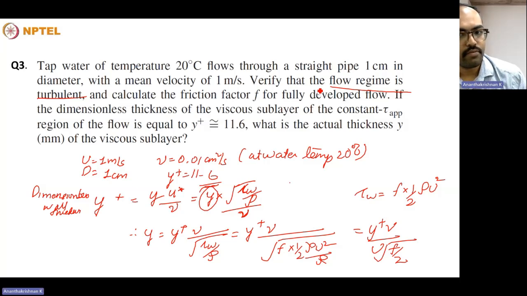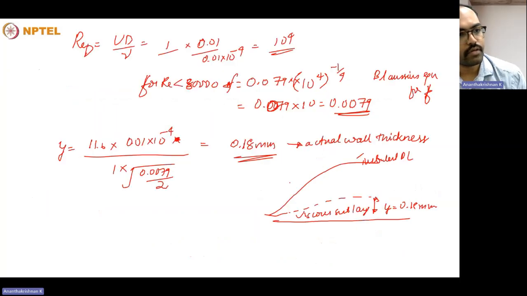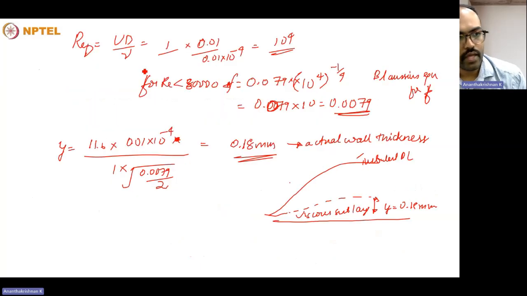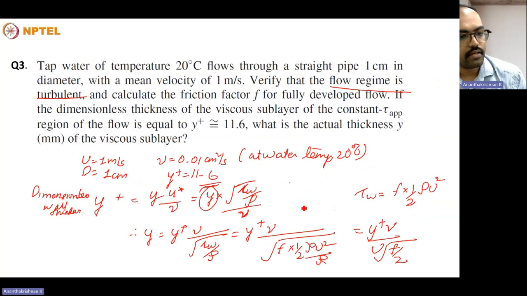Since it is a turbulent flow within the duct, the Reynolds number UD divided by mu remains a constant. The mean velocity is 1, and that will be constant throughout. So the corresponding friction factor remains a constant throughout the section.